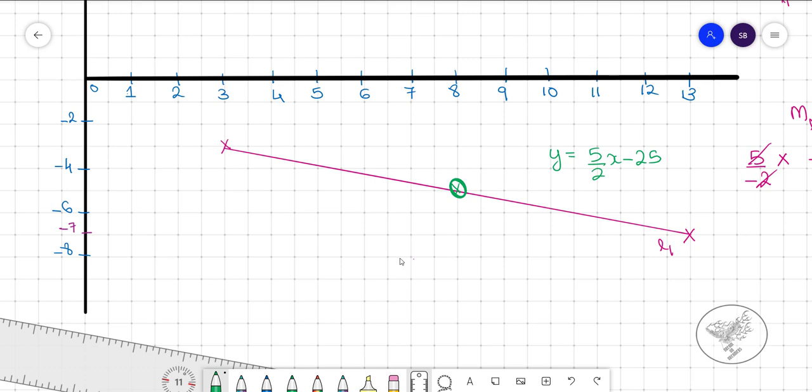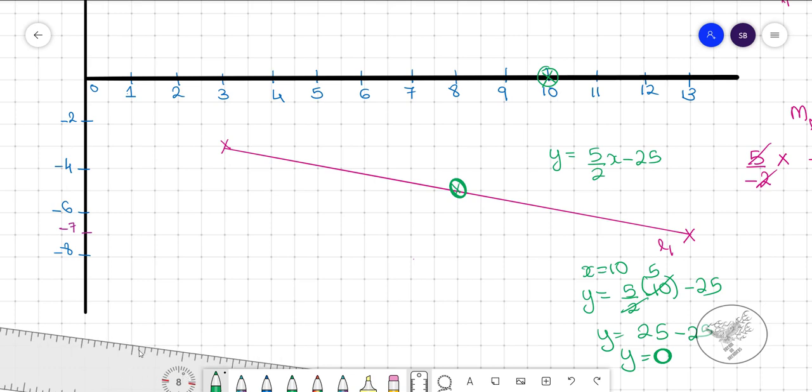In order to get another coordinate, let me put x is equal to 10. Y is equal to 5 over 2 into 10 minus 25. So that becomes 25 minus 25, which is y is equal to 0. So the line cuts this point as well.